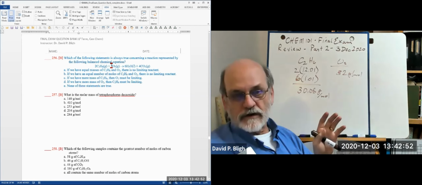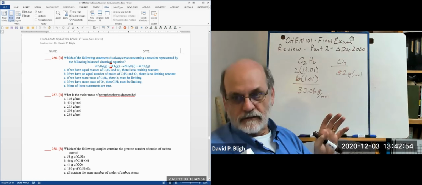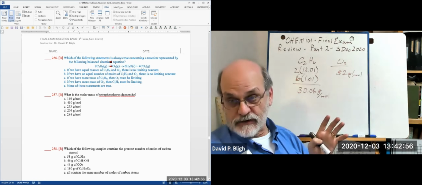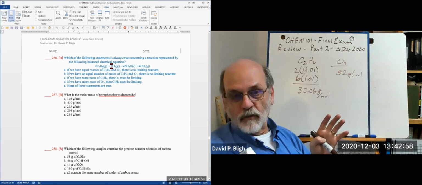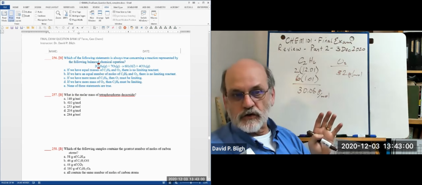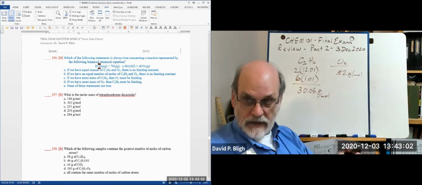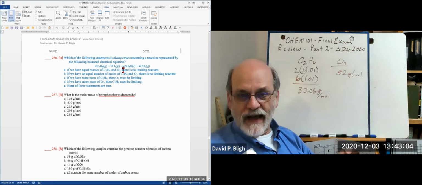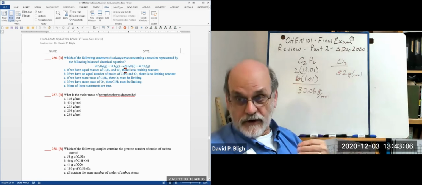So it takes about 3 times more mass of oxygen to react with ethane. So if they're equal masses, yes, there is a limiting reactant.